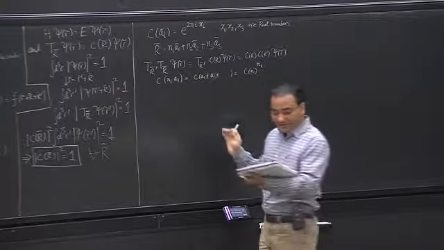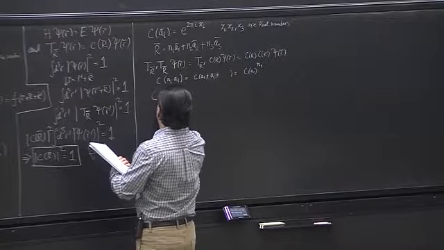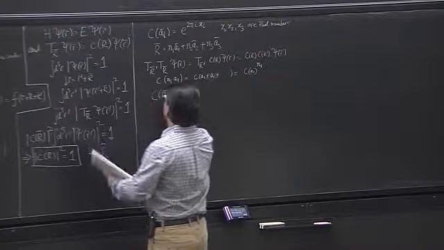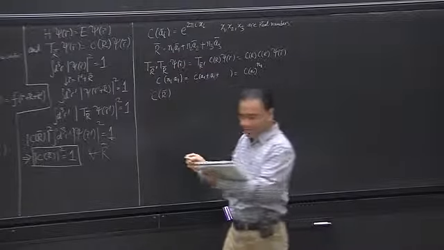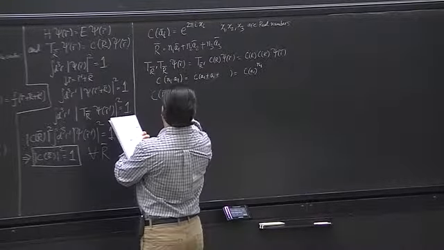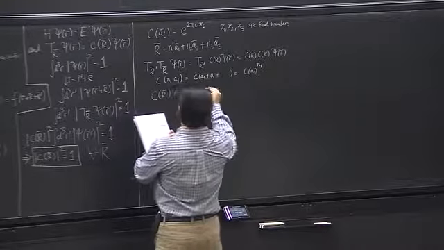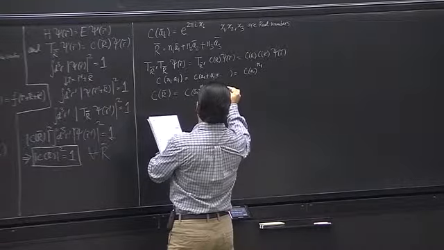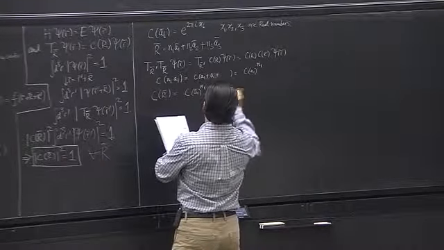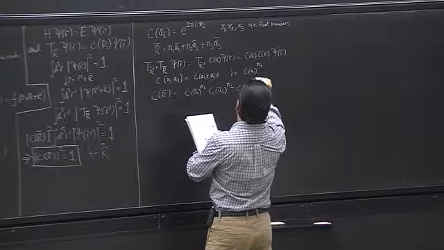So what this really implies is that the eigenvalue of the translation operator for a general direct lattice vector R can be written as C(a1) to the power n1, the eigenvalue for a2 to the power n2, and the eigenvalue for a3 to the power n3.